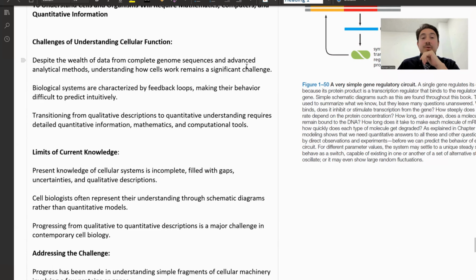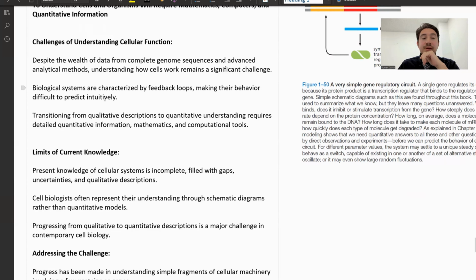So it requires advanced analytical methods, more powerful computers, right? Understanding how cells work does remain a significant challenge as technology becomes more effective. That is a new pool of data, new pool of results, new pool of information that we need to analyze.